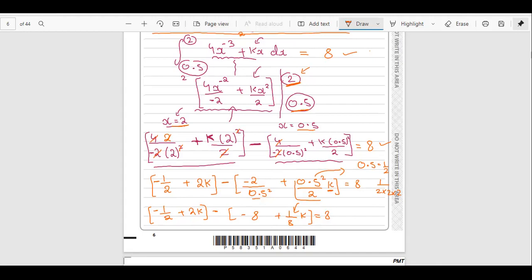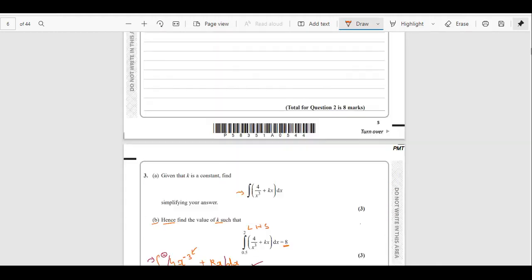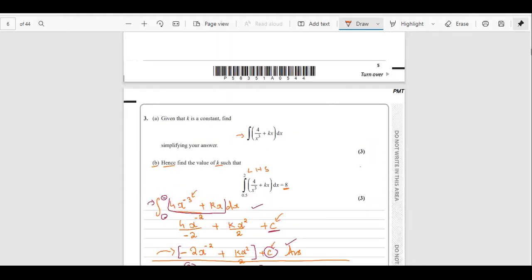Have you understood it? Any questions? So this was a new thing. You can note it down. You know how to integrate a simple integral without limits, and whenever you have limits, things are very easy. This is why they have written this "hence", because you use the same part again. You don't have to do all those steps again.